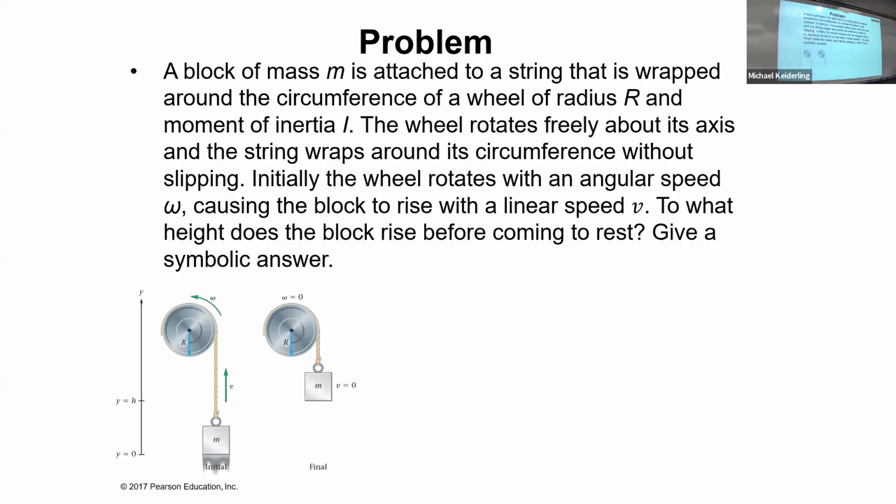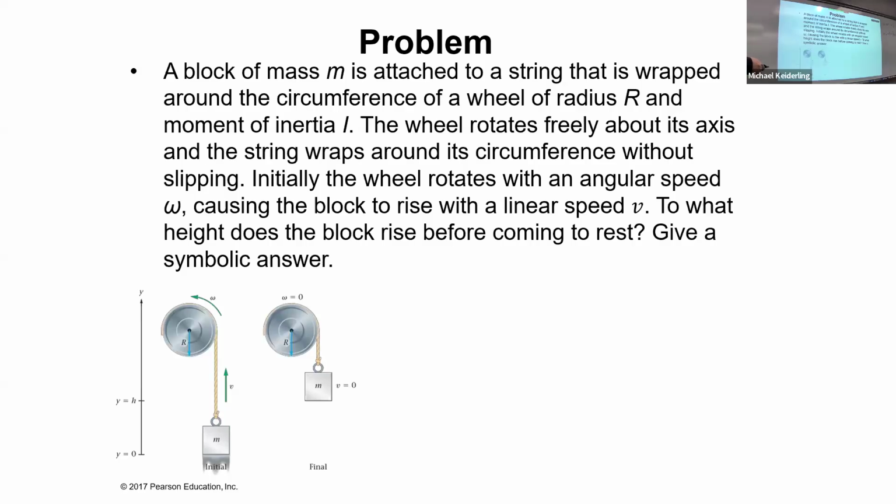Give a symbolic answer. So this whole thing starts with a mass at height 0, but everything is moving. So the mass is moving upwards with some velocity v, and the wheel is spinning with some angular speed omega.